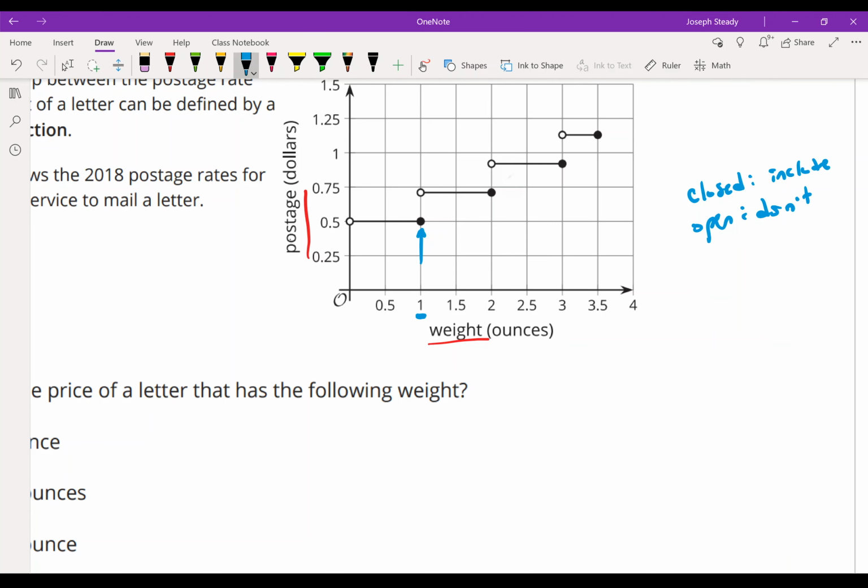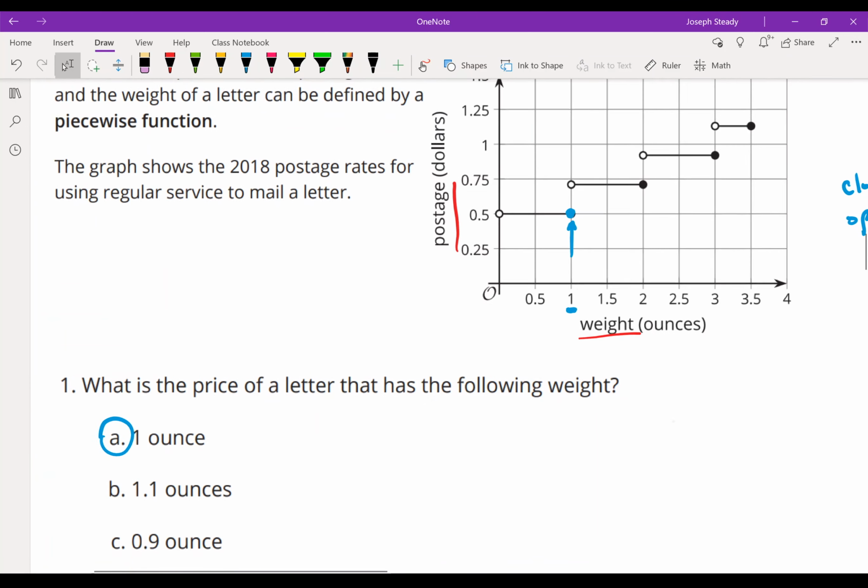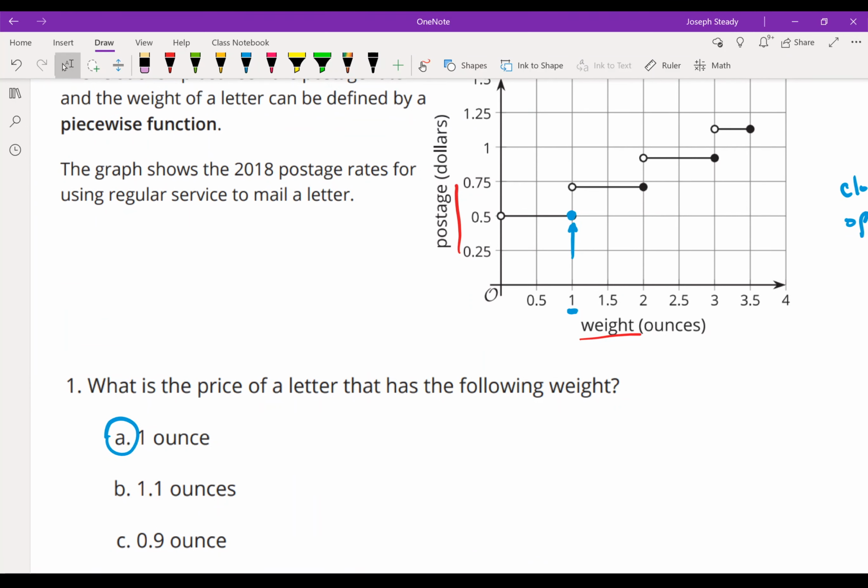So even though it looks like there are 2 points here, only the closed filled in one counts, which means that I'm using that point, the filled in point, right there. In other words, if my letter weighs 1 ounce, I pay 50 cents. Or they wrote it as $0.5.